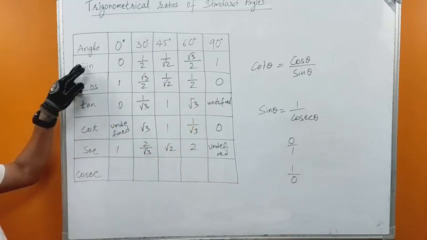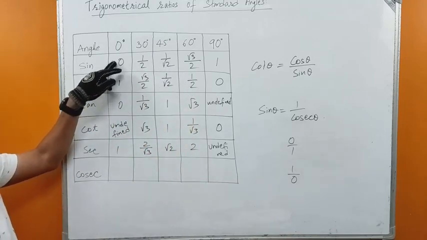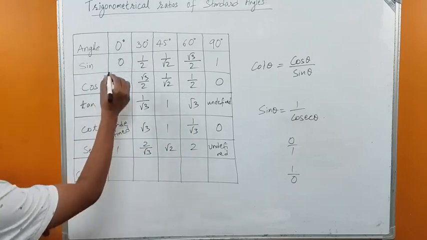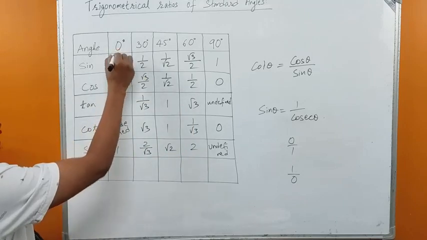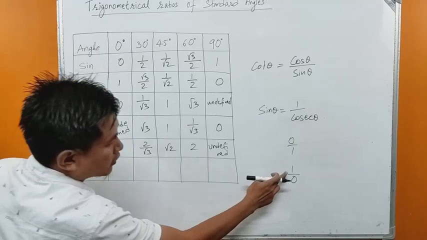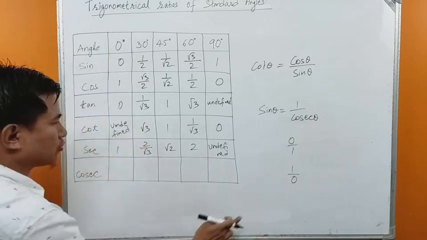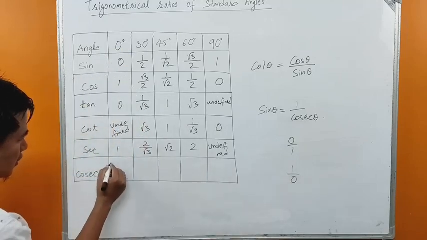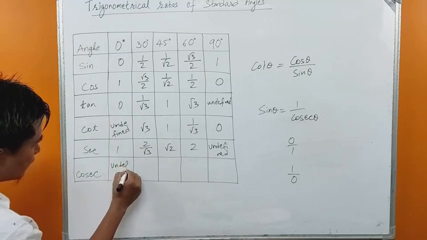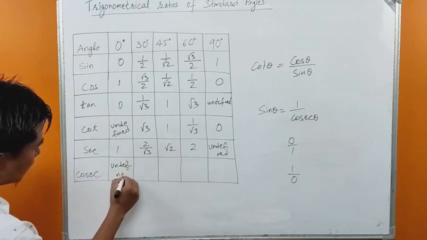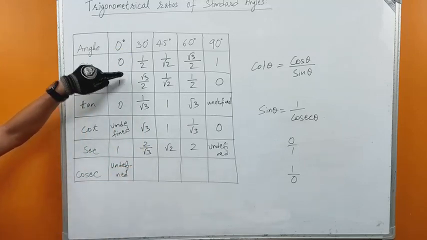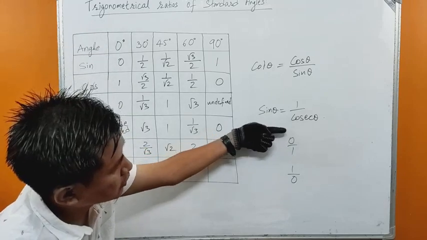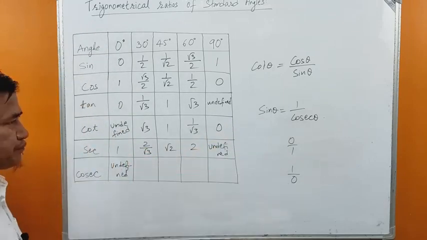In case of cosec, because sine 0 degree is 0, we have 1 in the denominator. So 1 goes to the numerator and 0 comes down to the denominator. 1 upon 0, 0 is in the denominator now. This becomes undefined.